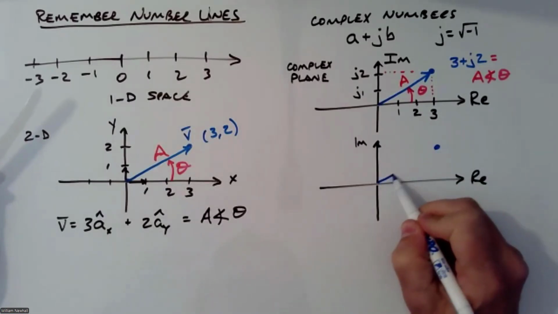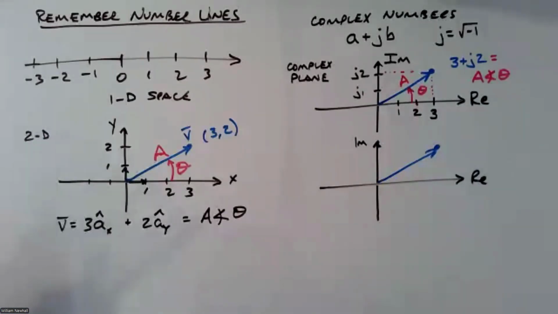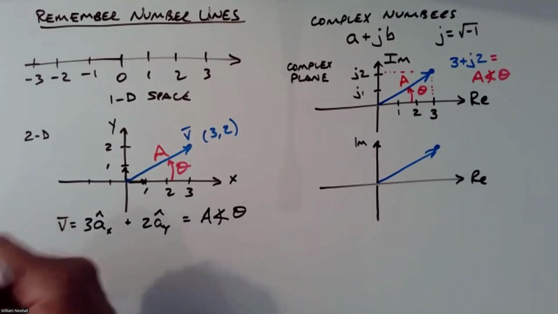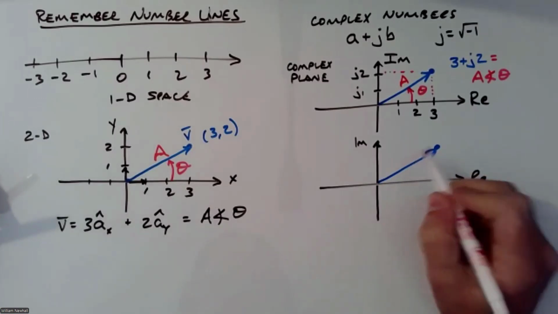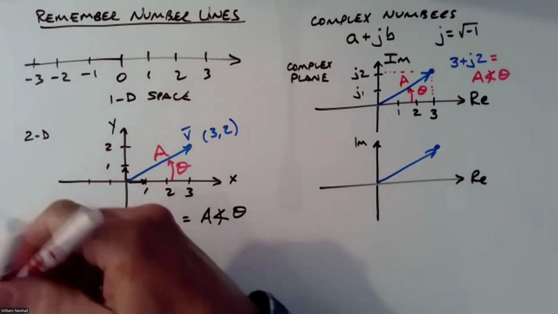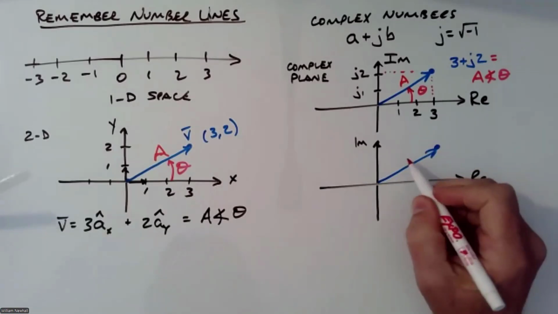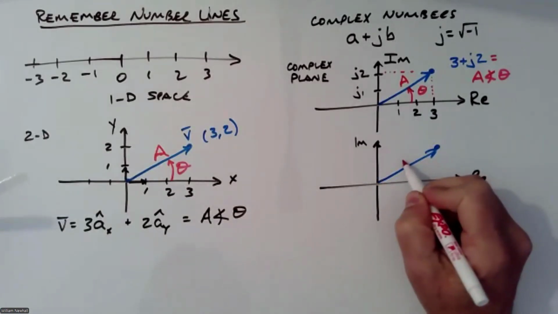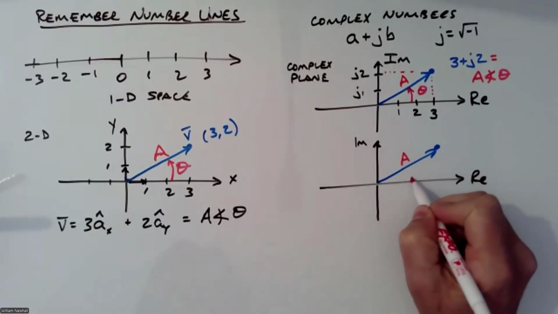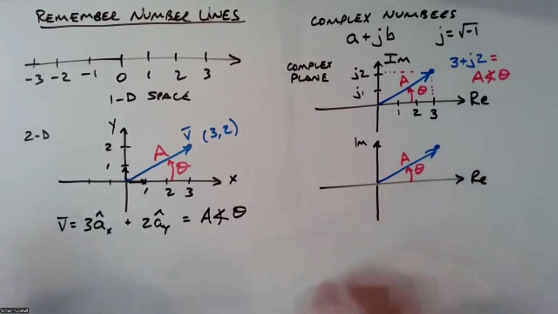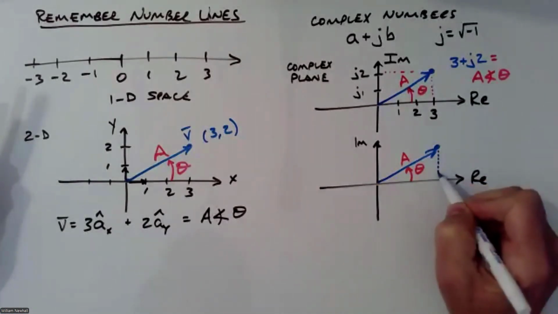And then we have a vector that goes from 0 out to that point. Well, if I know that this vector, let's say it's vector v or whatever, it's a complex number, has some length a and angle theta, how do I relate that to a plus jb?